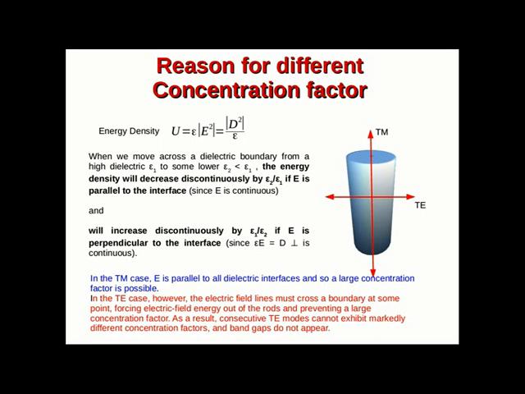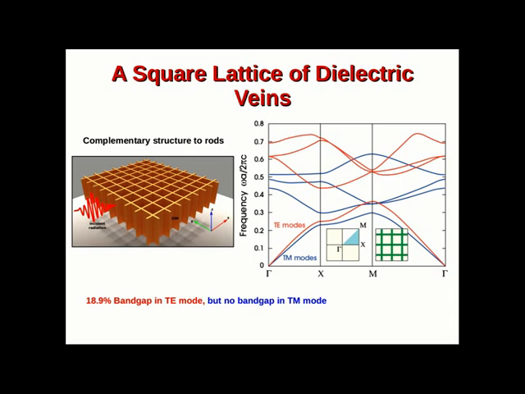Now let us talk about a different type of photonic crystal. This is a square lattice of dielectric vanes. Dielectric vanes is a complementary type of structure to dielectric rods, an array of dielectric rods. It is complementary not only in the design but also in the behavior.